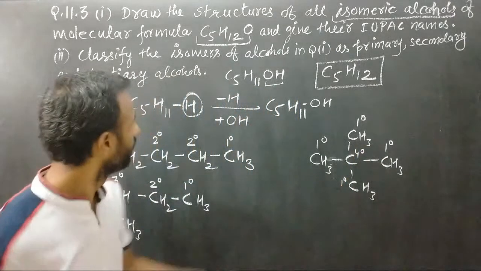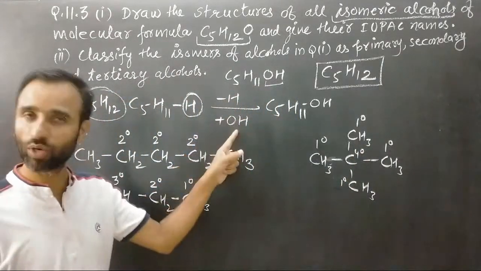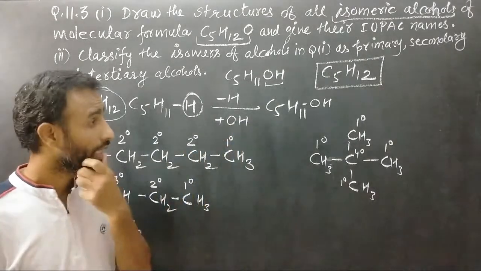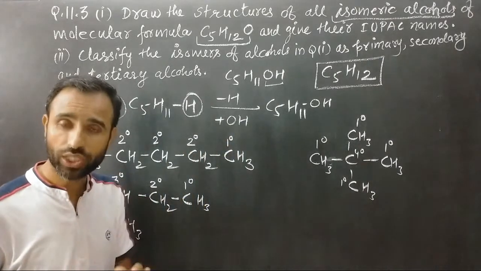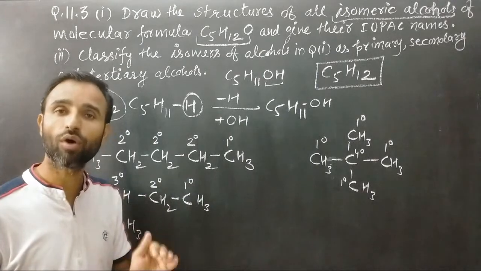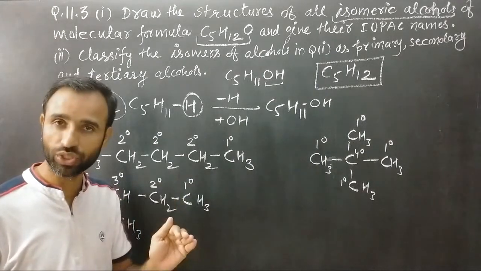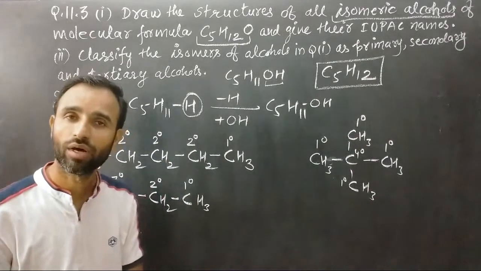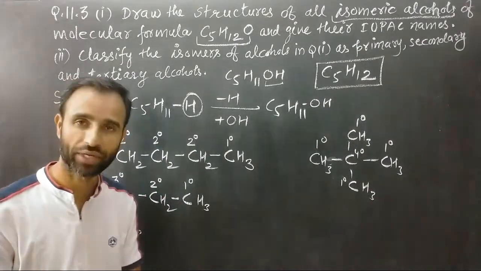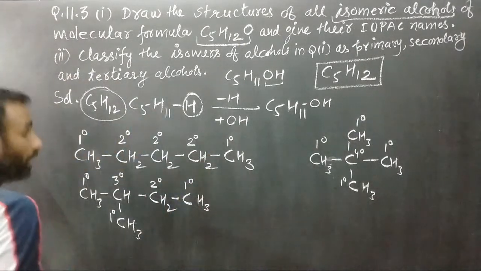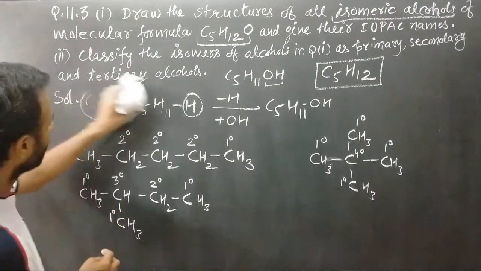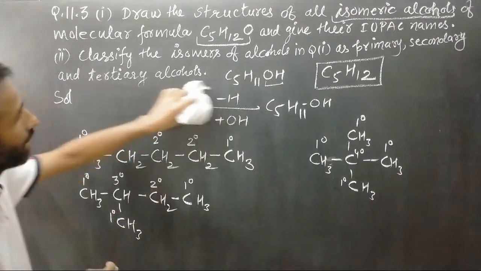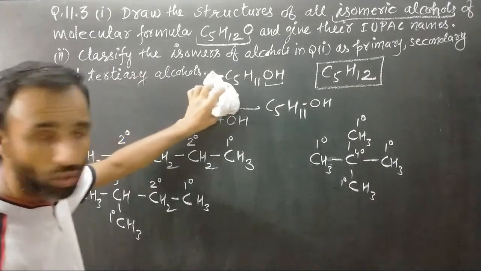So actually a hydrogen is replaced by OH. That means the number of alcohols is equal to the number of different types of hydrogens present in these structural isomers of pentane. See, in pentane we have to replace H by OH.